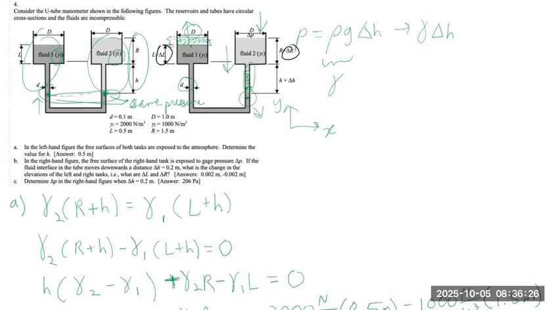So we can equate these two volumes. First, what is the change in volume associated with fluid 2 as you push it down? It is equal to the change in height multiplied by the cross-sectional area, which is pi small d squared over 4.